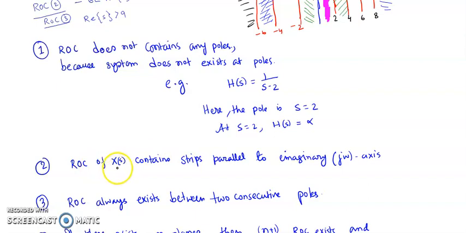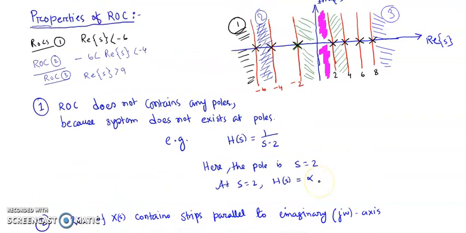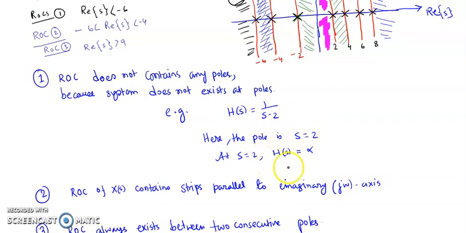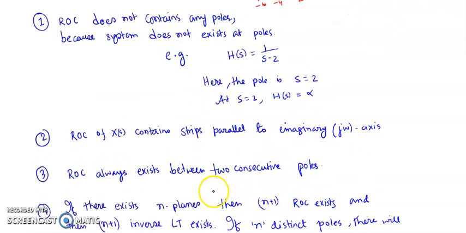And the ROC of X(s) contains strips parallel to the imaginary axis. That is what I have shown in this diagram: suppose the ROC exists between two poles, it becomes like a strip along the imaginary axis. These vertical strips are known as parallel strips in the imaginary axis.